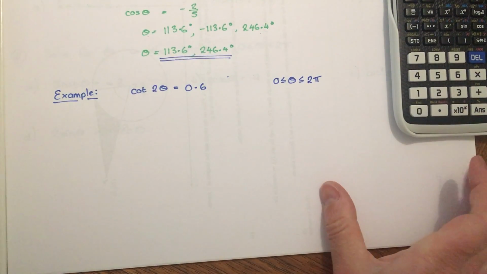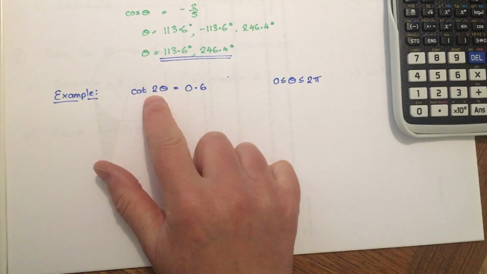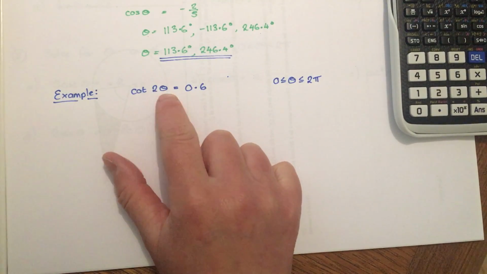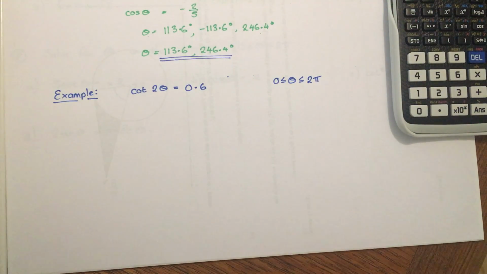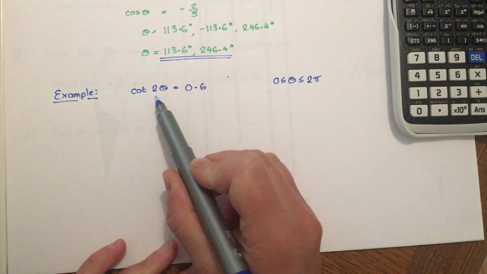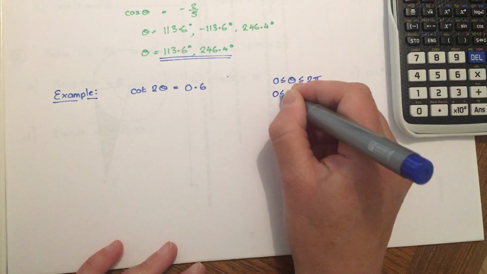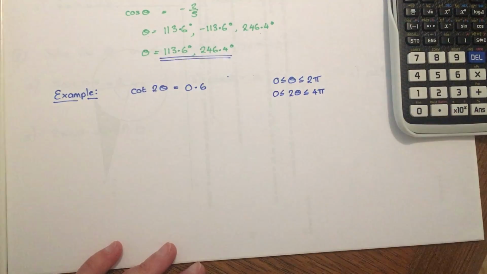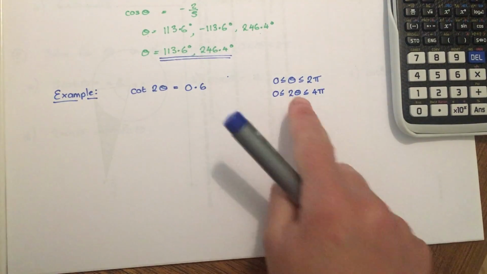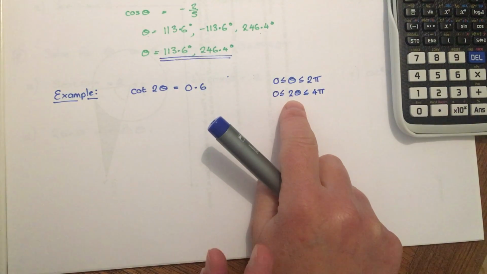The first thing we need to do is please remember, whenever you've got double the angle or some transformation of what's inside the trigonometry, you also need to change the range. So if theta is between 0 and 2 pi, 2 theta is going to be between 0 and 4 pi. Think back to the start of year 12, we need to make that adjustment to make sure we don't miss any answers out.